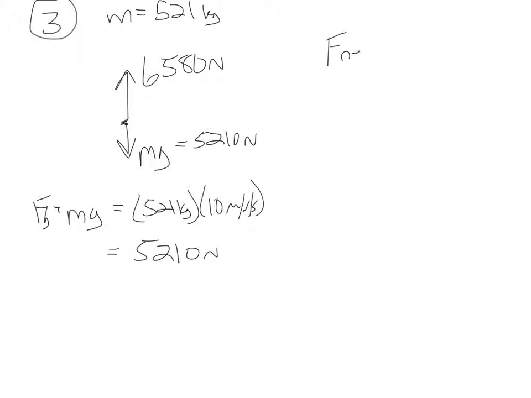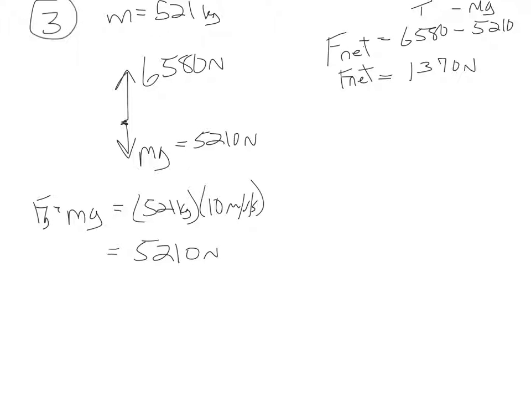Now, next step is the net force. My net force would be the tension that's pulling up, that's 6,580, minus the weight that's pulling down, so tension, T, minus mg. You want to do that first. So minus the 5,210 gives me 1,370 newtons as a net force.